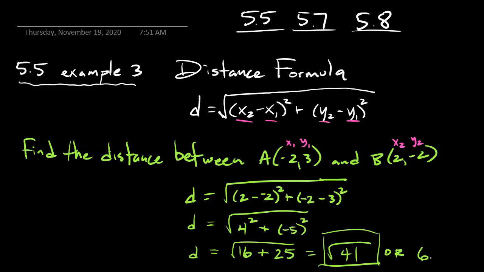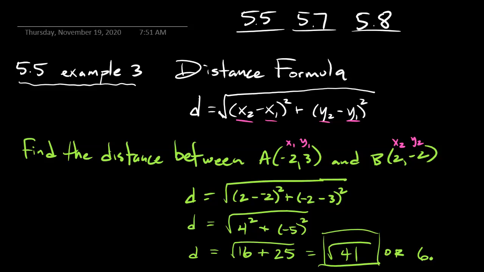Did anybody type it in their calculator? Gracie, I'm going to count on you. You can be our calculator person today, whether it's on your phone or laptop or whatever. What is square root of 41, Gracie? Nice.